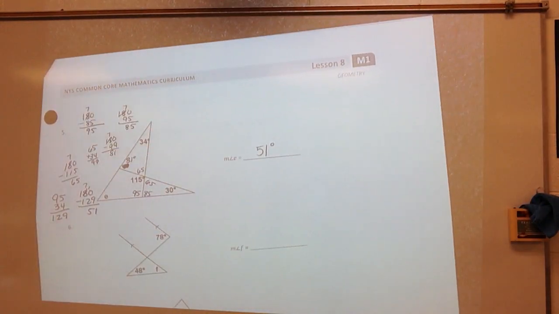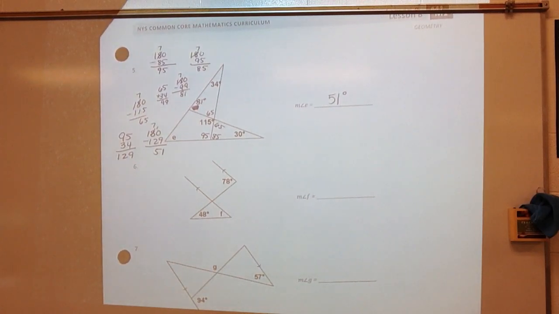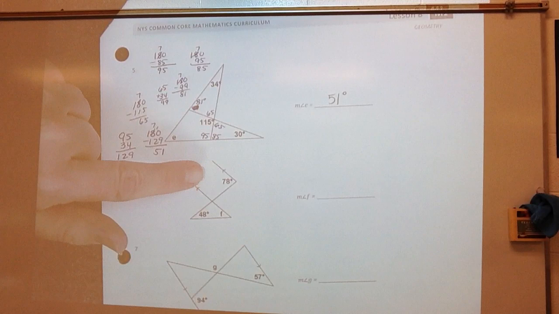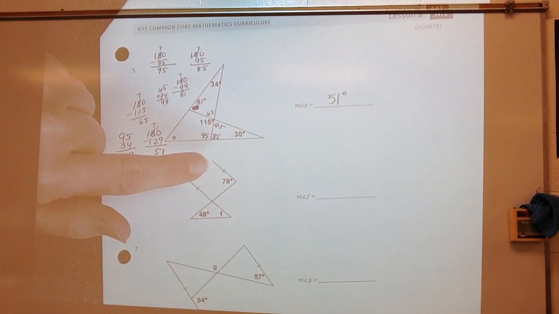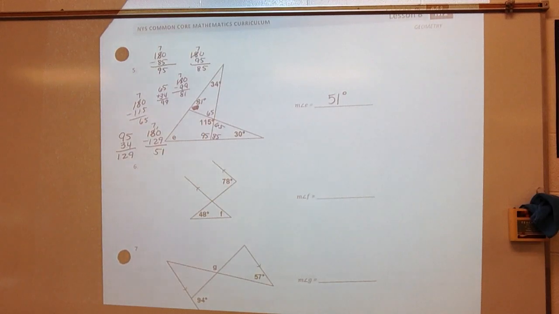This one required me to do some thinking. And I'm hoping that you guys were doing some thinking as we were going also. So I wanted to show you, and plus we were using a lot of the different rules here with this problem. Yes, I could have jumped straight to figuring this out, but I wanted you to see how sometimes it takes us a little while to get to that answer. But no matter what, we ended up with that answer.